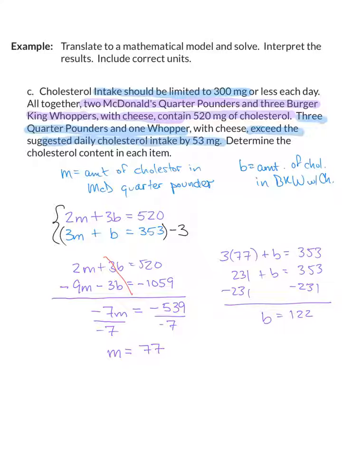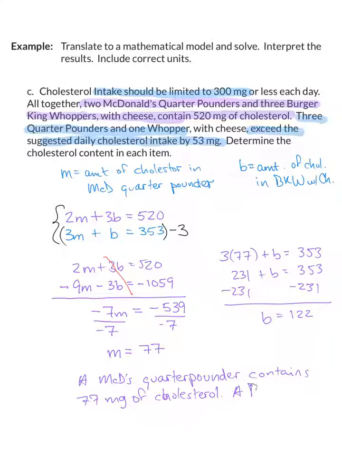So, a McDonald's quarter pounder with cheese, or just quarter pounder, contains 77 milligrams of cholesterol and a Burger King Whopper with cheese contains 122 milligrams of cholesterol.